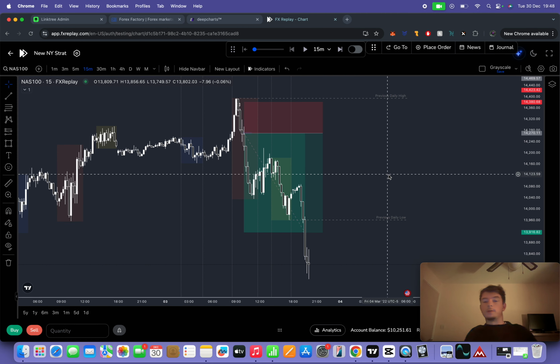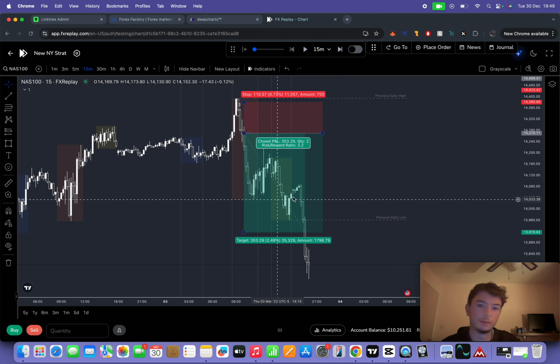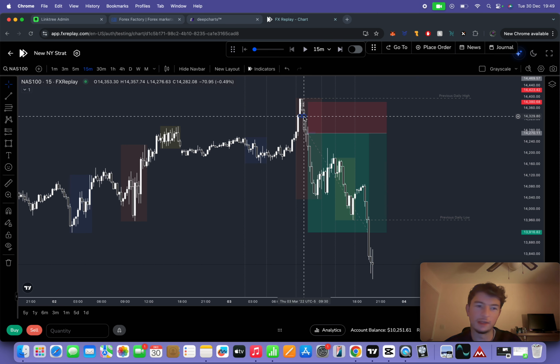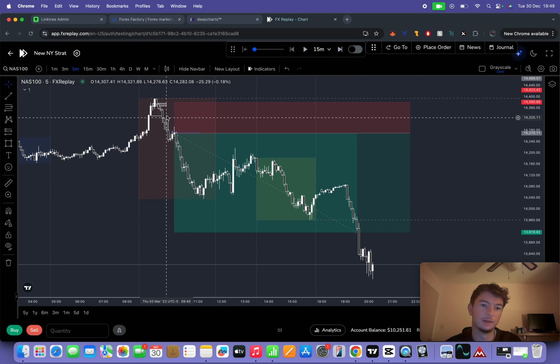So maybe I will go back to that. I think I was just trading it for so long that I became not complacent, but bored of trading the same thing and waiting for the same thing. So, you know, the fact that's happened there, yeah, it's one trade, but I was able to identify that pretty quickly.